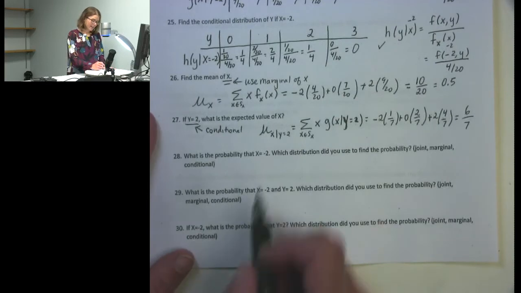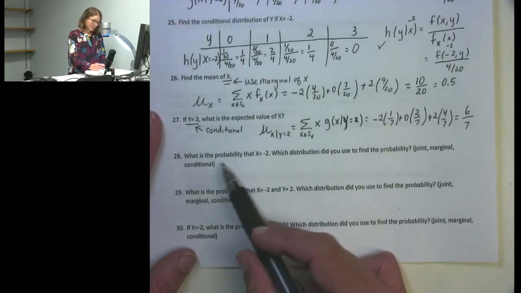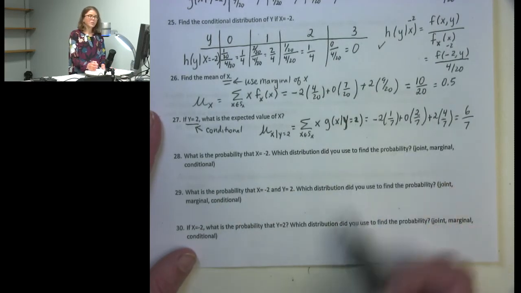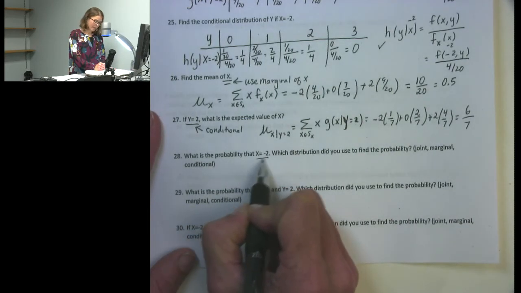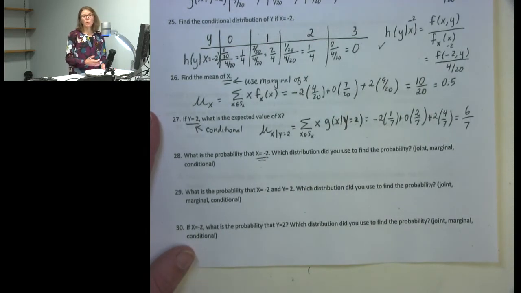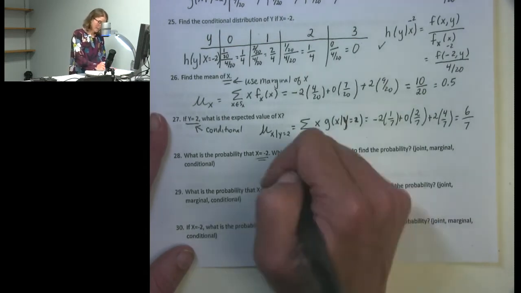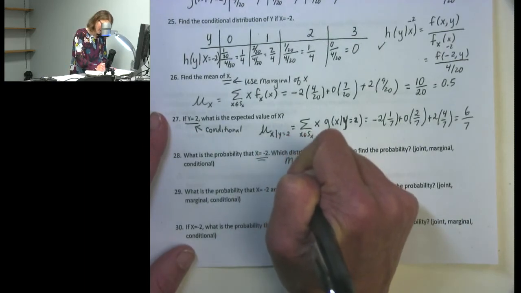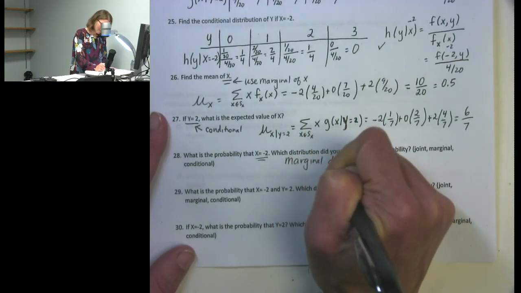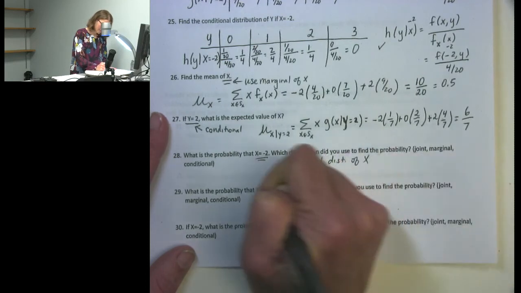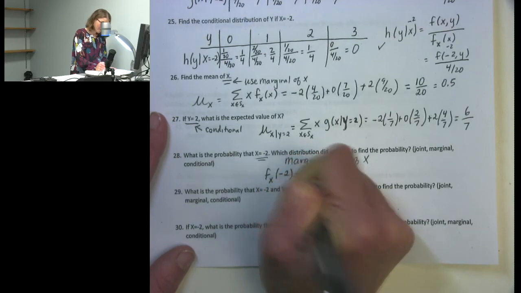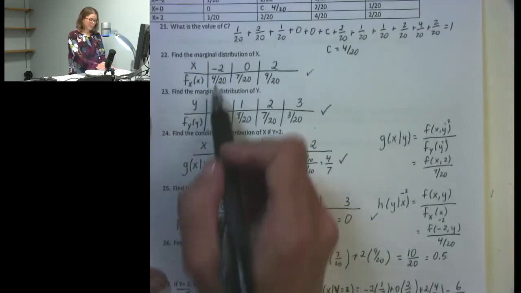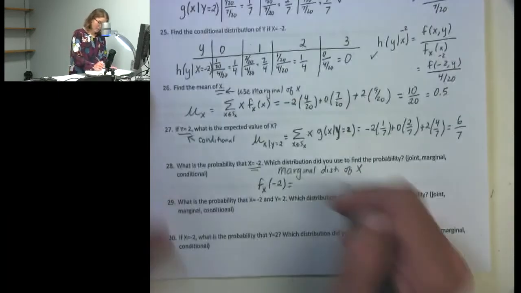And now we've got just a few more quick questions in this set. For each of these, we're trying to answer a question and think about which distribution is appropriate to use. So here I'm interested in the probability that x is equal to negative 2. Since this is a question only about probability associated with x, I'm going to use the marginal distribution of x. I'm going to find the marginal probability that x is equal to negative 2, which, looking at my marginal distribution of x, I can see is 4/20.